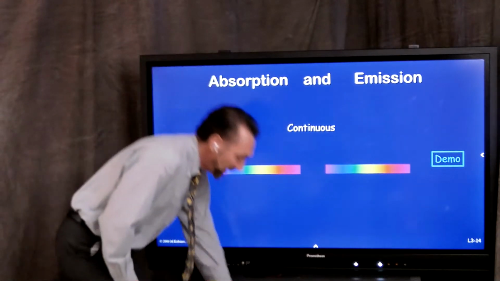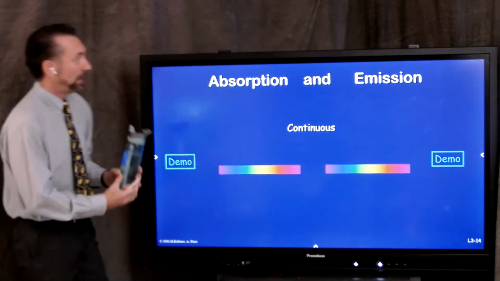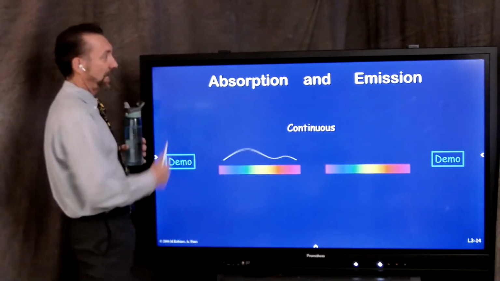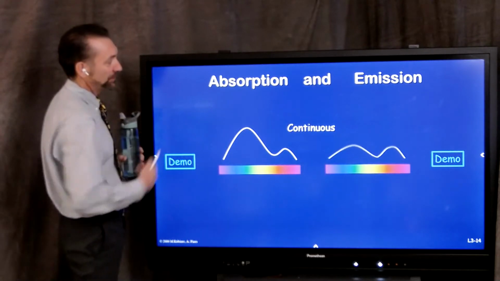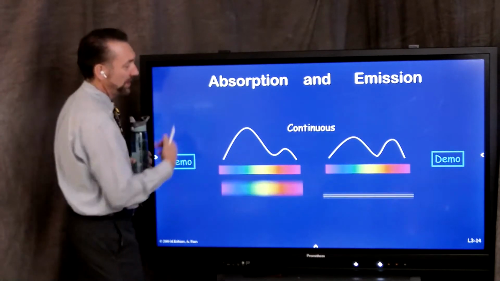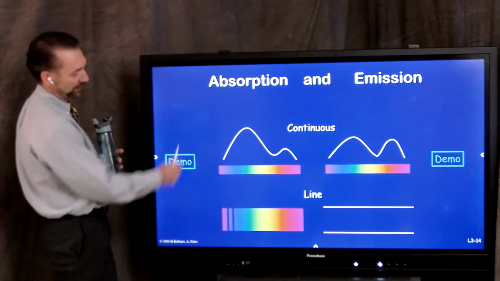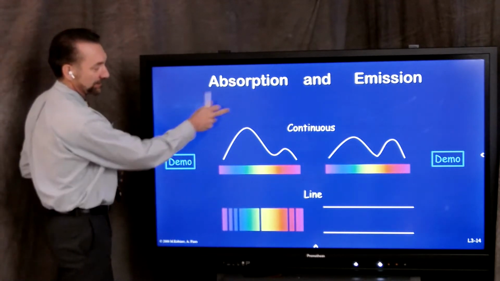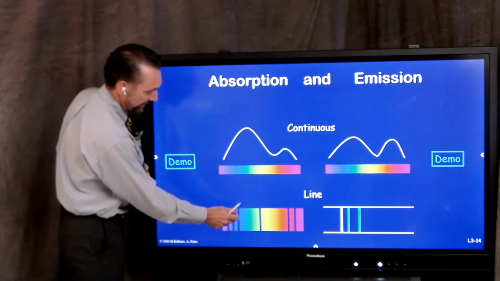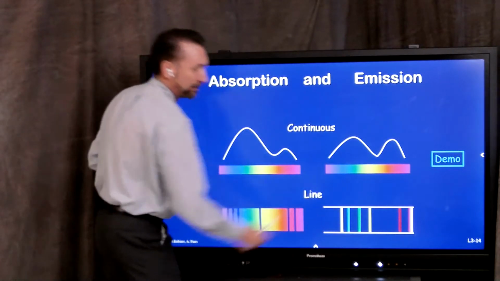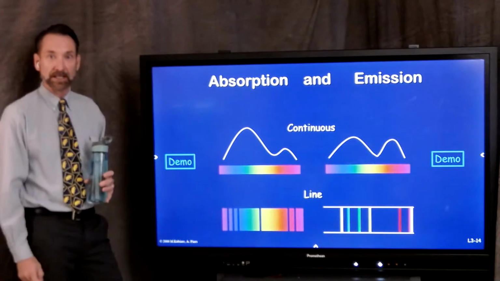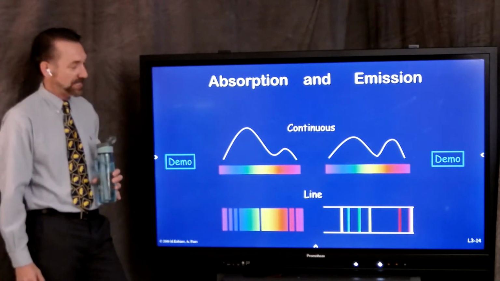So we went on and we talked about absorption and emission and the two different kinds. We had continuous absorption and emission, and we also had discrete absorption and emission, individual lines. So individual photons we ended up being able to tell being absorbed or emitted.